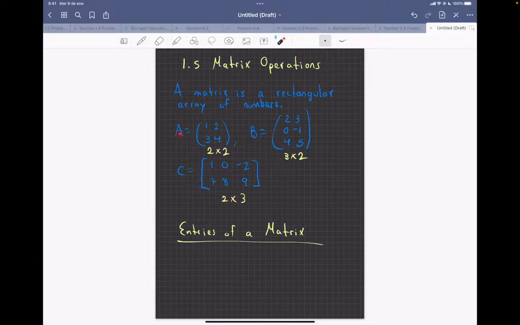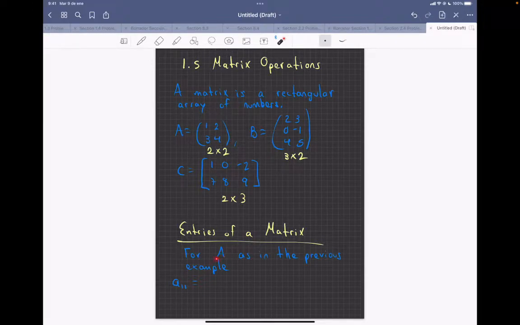For example, for this matrix A, as in the previous example, I can say the entry A11. This indicates the number of the row and the number of the column.